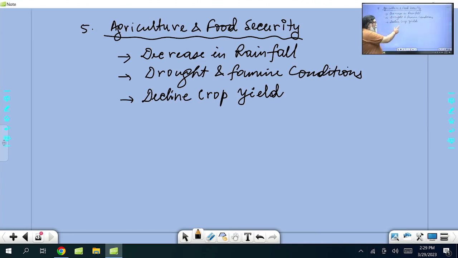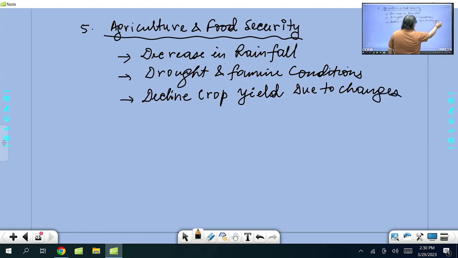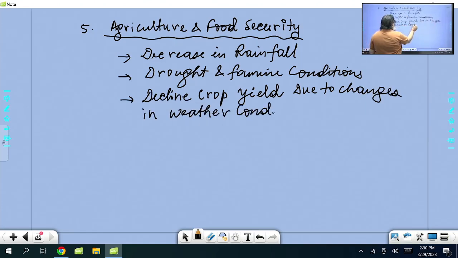So again, decline in crop yields, because rice, wheat and all, as global warming happens more and more, their productivity will decline, will decrease, right? Crop yield changes due to changes in climatic pattern, changes in weather conditions, and that is being triggered by global warming, right?